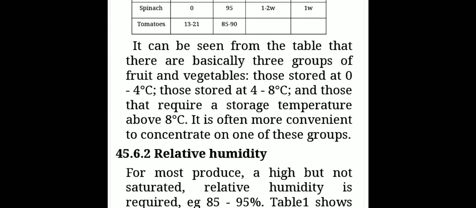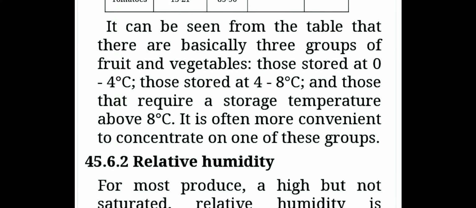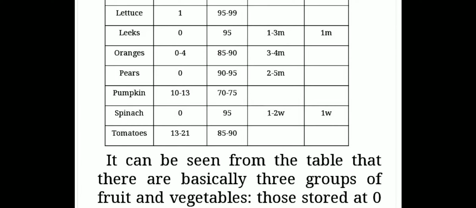Now it can also be observed from the table that there are basically 3 groups of fruits and vegetables: those stored at 0 to 4 degrees centigrade, those stored at 4 to 8 degrees centigrade, and those that require a storage temperature above 8 degrees centigrade. So it is often more convenient to concentrate on one of these groups.